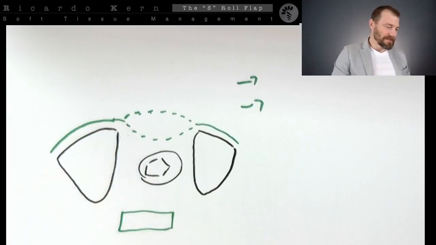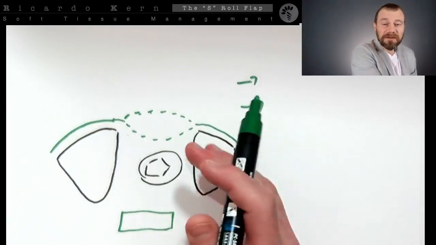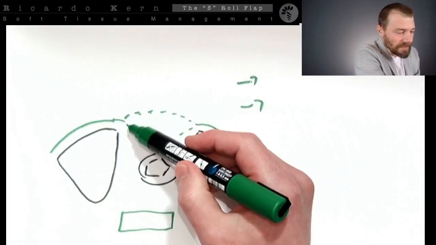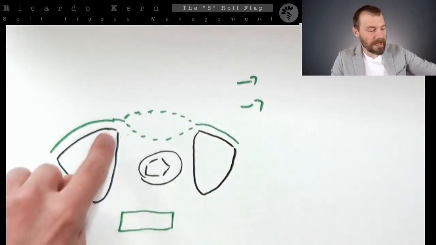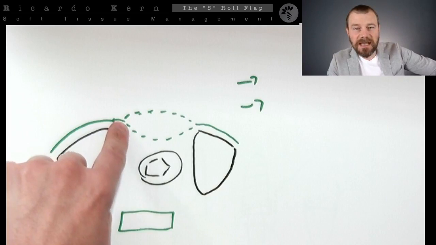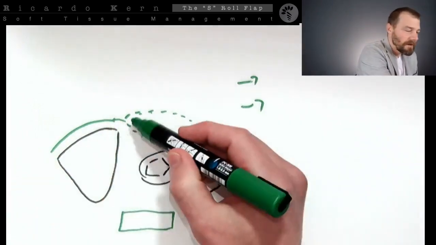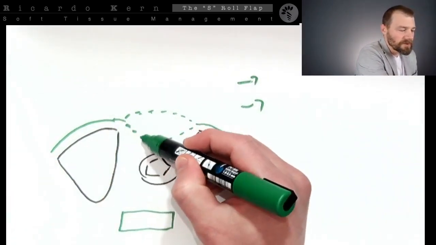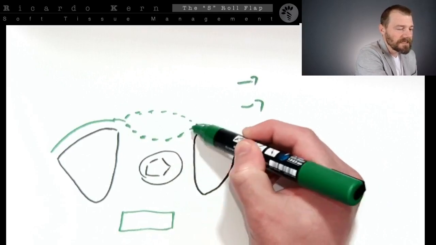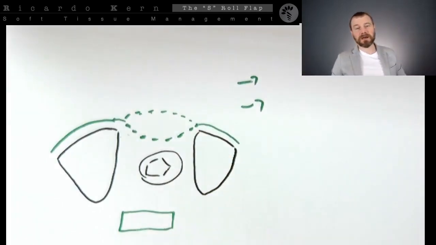No, I'm not going to do that because it's going to take so long. What I'm going to do here is one thing. Look how much tissue you have projecting to the inside of this defect. You have 1, 2, 3, 4, 5, 6, 7, 8 millimeters, right?